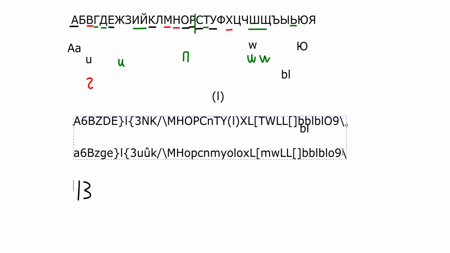Let's see. If I write it like this, you can tell it's a B, but if I use that, you can tell it's 13. But it just looks weird, I guess.